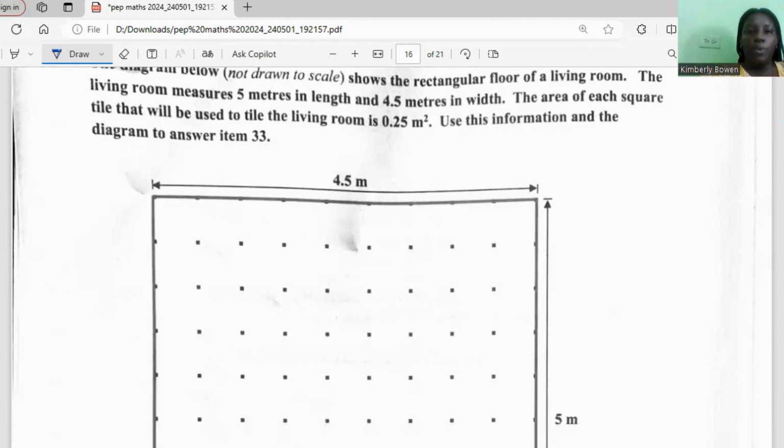The area of the square tile that is being used to tile the floor is 0.25 meters square. Use the information and the diagram to answer item 33.